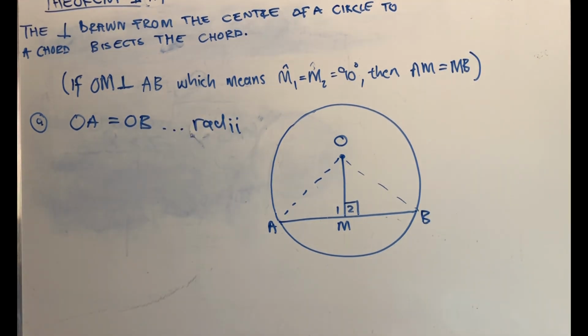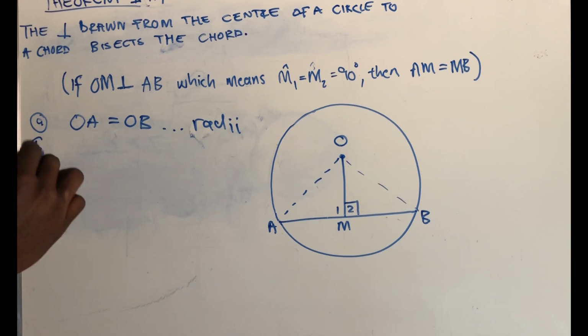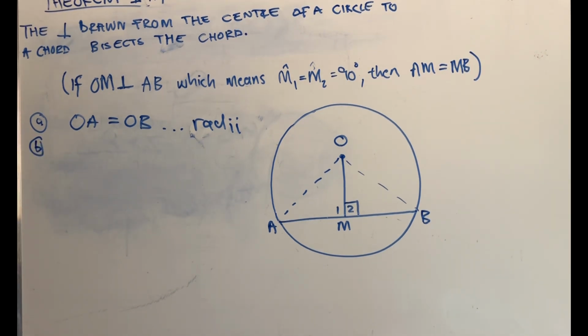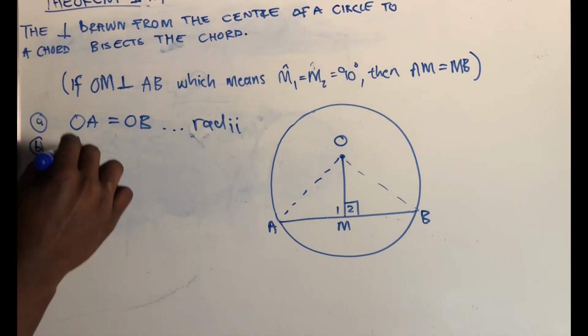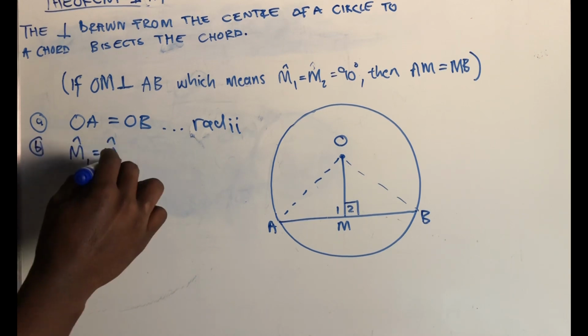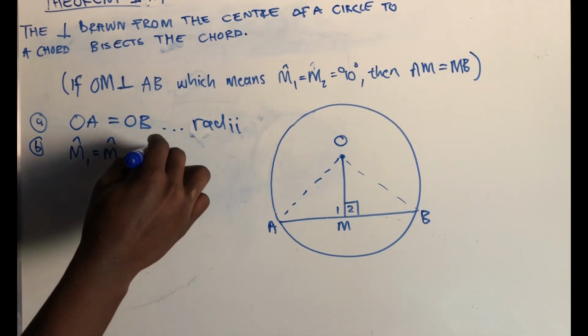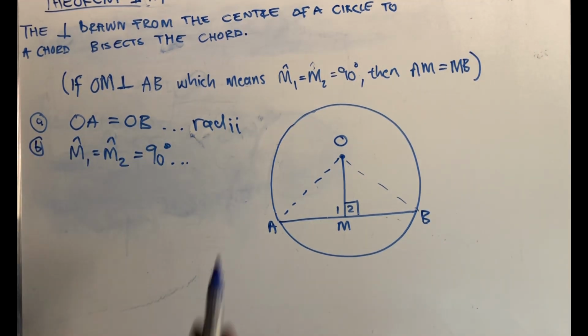Let's look at another condition. The second condition is angle M1 equals angle M2 equals 90 degrees, and this we are given. If they tell you that lines are perpendicular, by default you should know that the angles in between are 90 degrees.